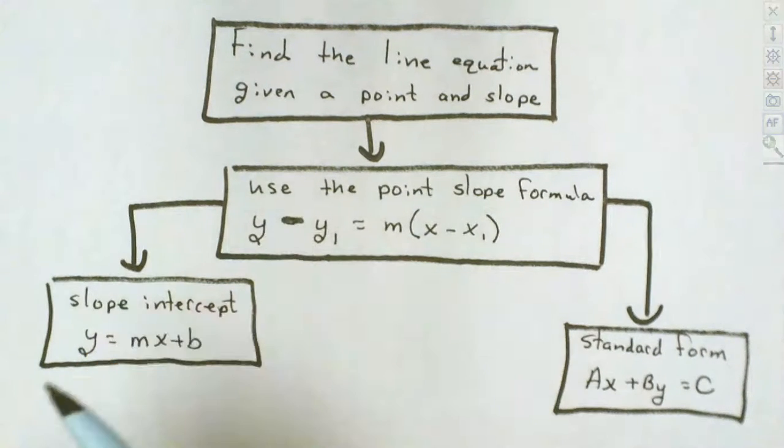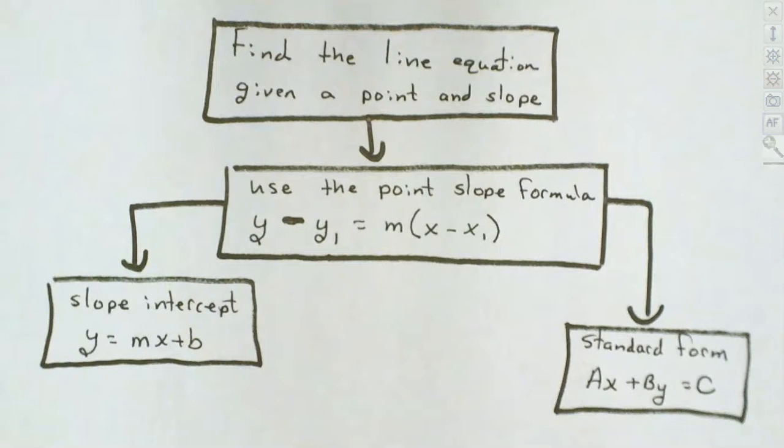Now, there are going to be three of these. There is one when you're given a point and a slope. That's this one. There's another one when you're given 2 points. And then there's a third one when you have an equation and a point. So let's make sure we get this one written down. And this one's going to be for finding the equation when you're given a point and a slope.